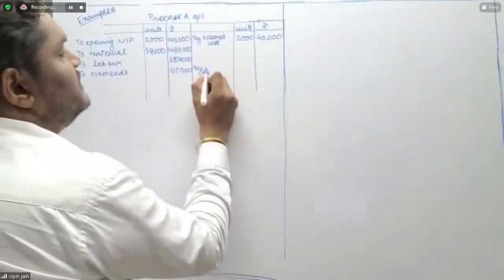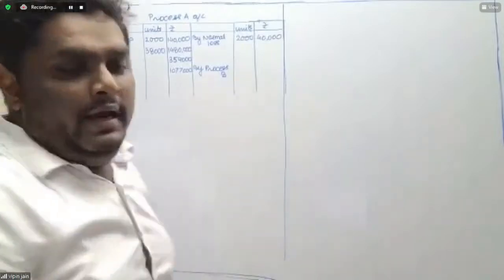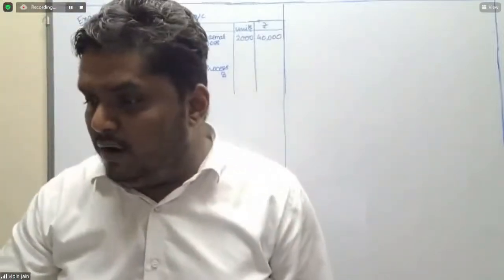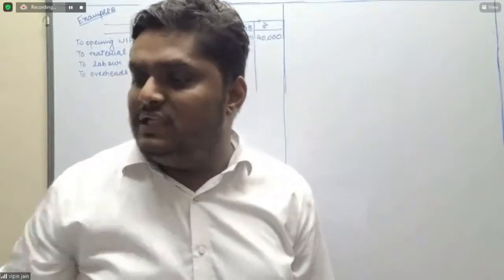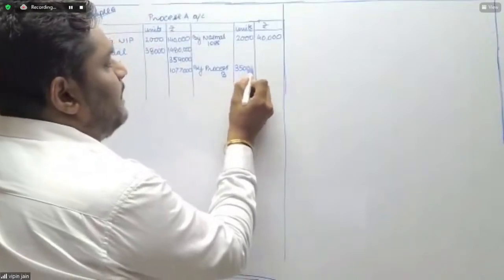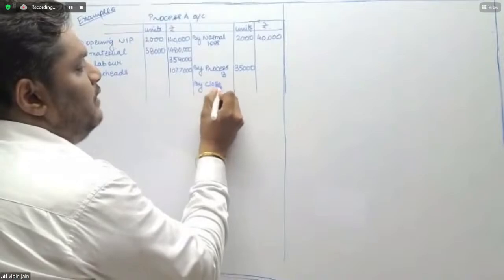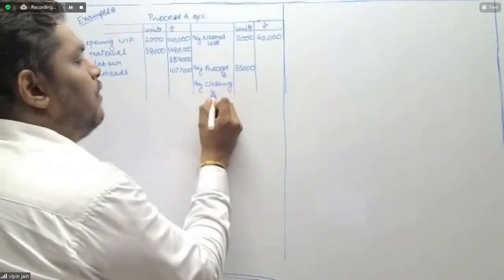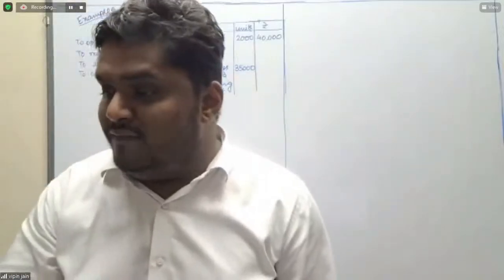So by process B, it is given in the question that total number of units transferred to the next process, units finished and transferred to the next process is 35,000. Further, closing work in progress is given. That is, closing work in progress is 2,000 units.